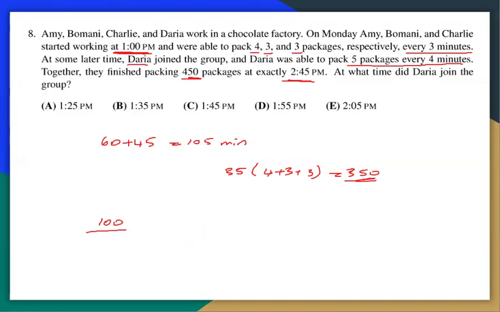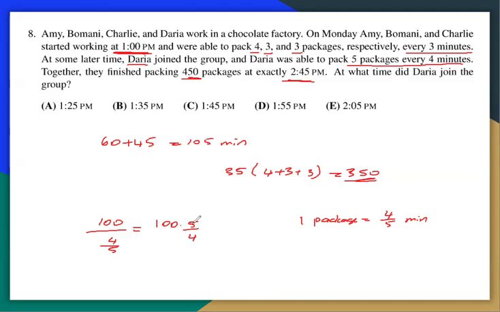So we need 100 packages to be done by person D, but person D makes 5 packages every 4 minutes. So we just need the time for person D. That means 1 package is going to take 4/5 minutes, right? And since this is the number of packages that person should finish, we can multiply by 4/5 to find the time that is needed.